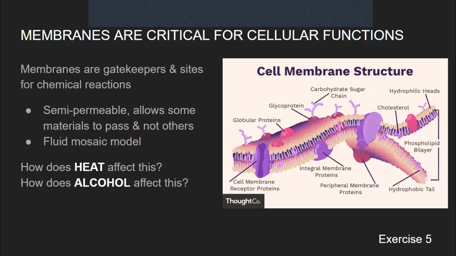We call the head hydrophilic and the tail hydrophobic. And that helps it maintain the shape that it needs. The hydrophilic side is attracted to water, and the hydrophobic side doesn't like water.